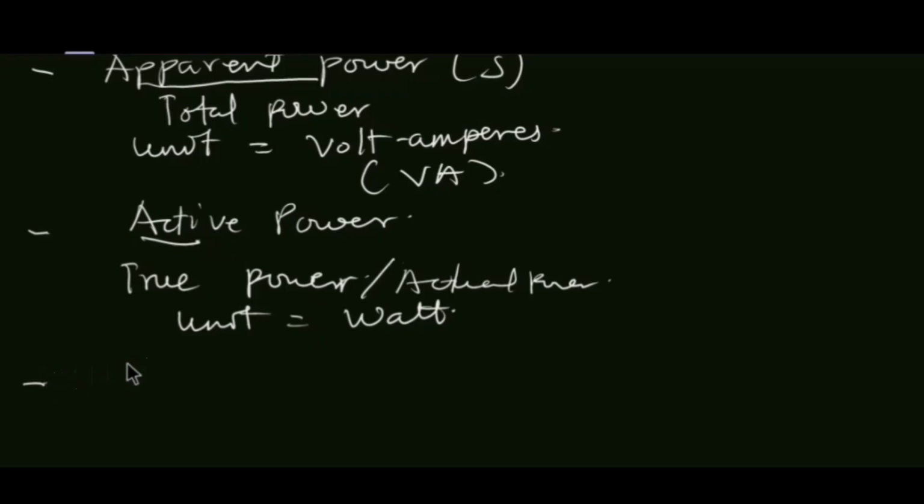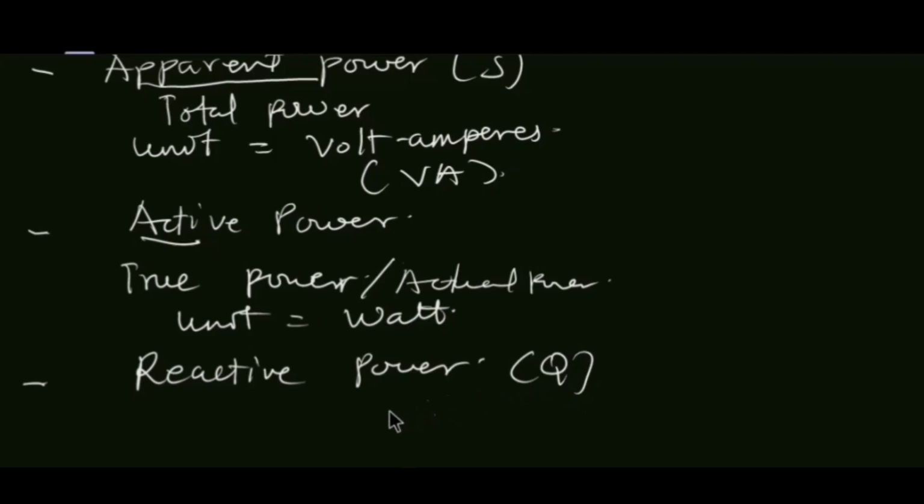The third type of power we are going to talk about is what we call the reactive power. Initially, I told you that we have reactance and we have resistance in an AC circuit. The power contribution by the reactance is what we call the reactive power, and it's represented as what?